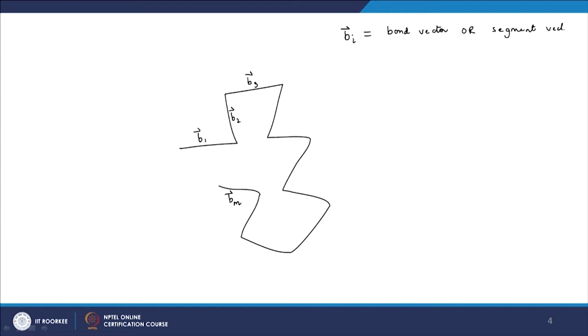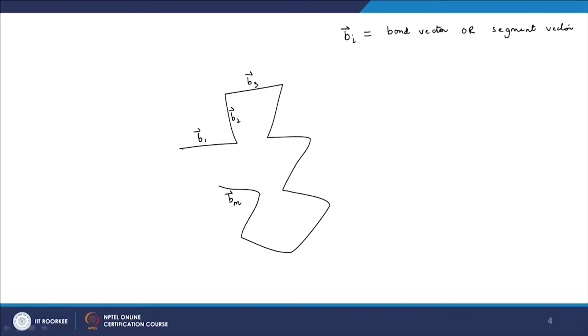This, by the way, is not a carbon-carbon bond. This bond vector represents a sequence of carbons after which the positions become uncorrelated. Okay. And so if I follow this, and start from here to there, then this becomes my end to end distance vector. And this becomes my bond vectors.